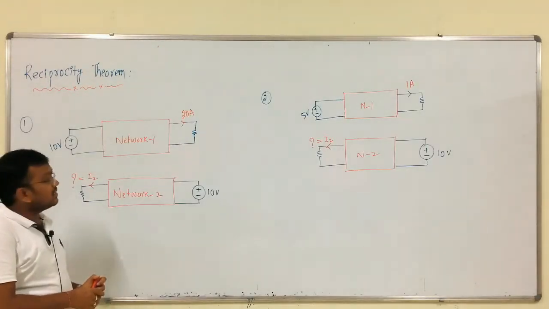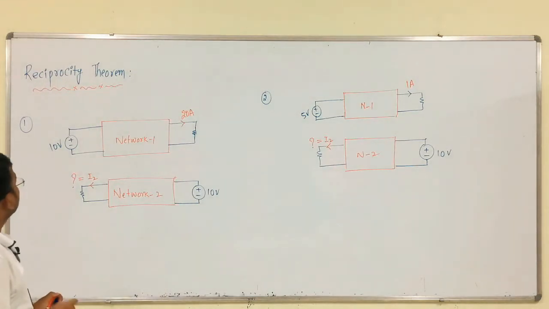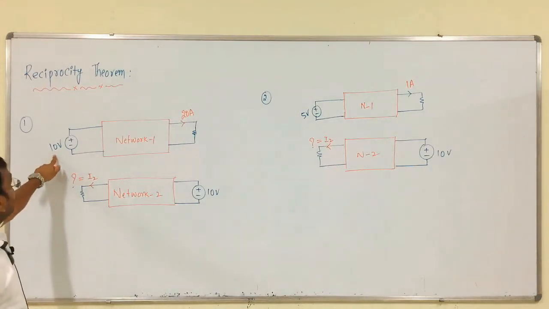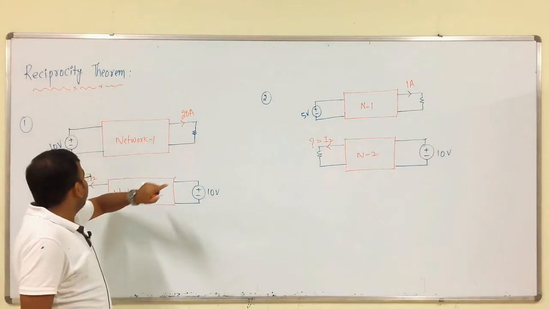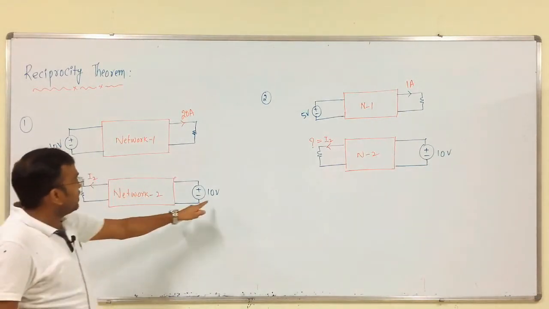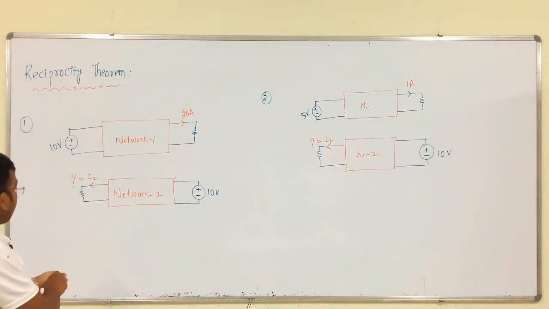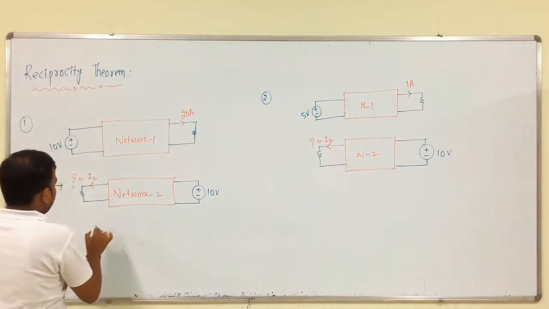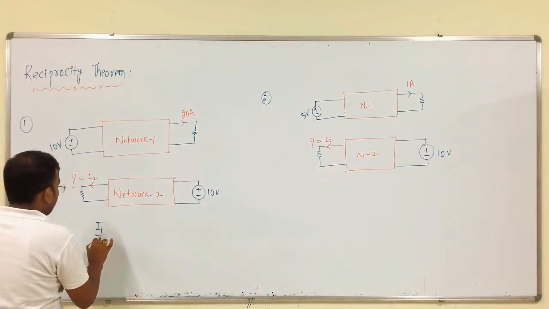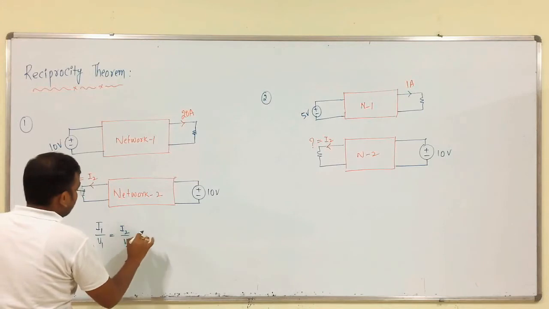Let us discuss some problems based on reciprocity theorem. This is the first problem. Here the excitation is 10 volts, response is 20 amps, and those positions are interchanged. Here the excitation is 10. What is the response? Right? So, I1 by V1 should be equals to I2 by V2, right?